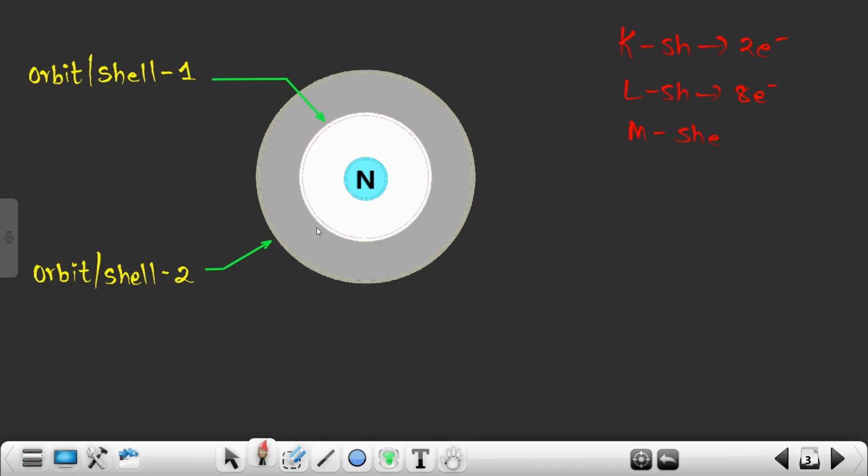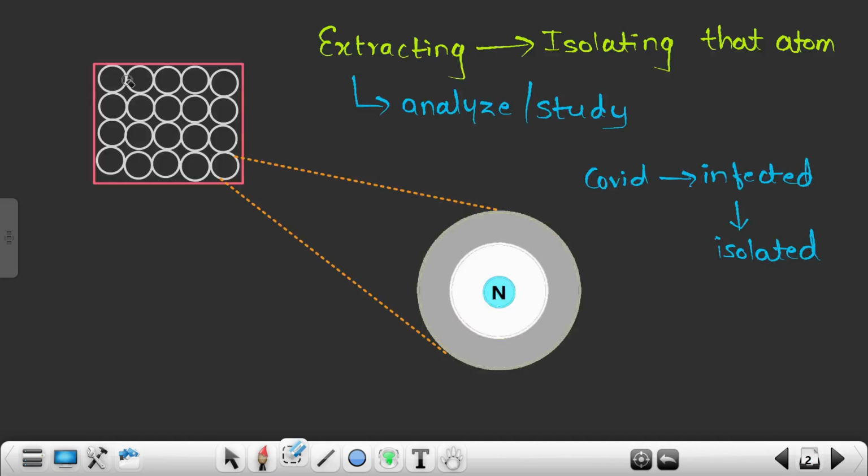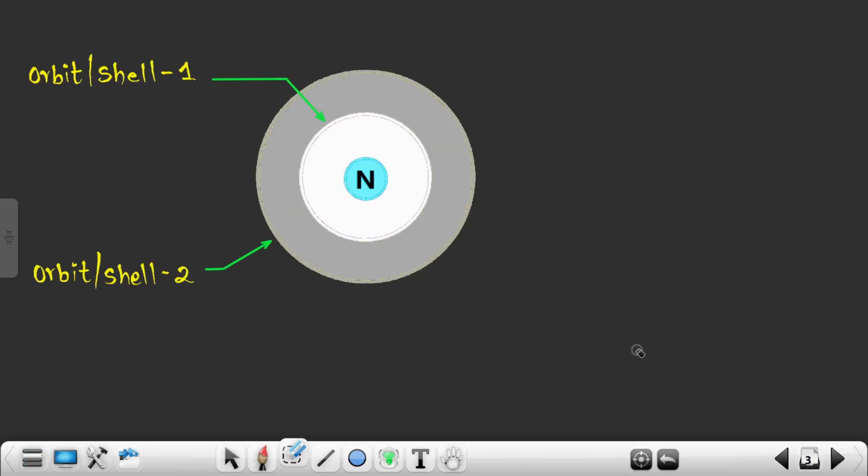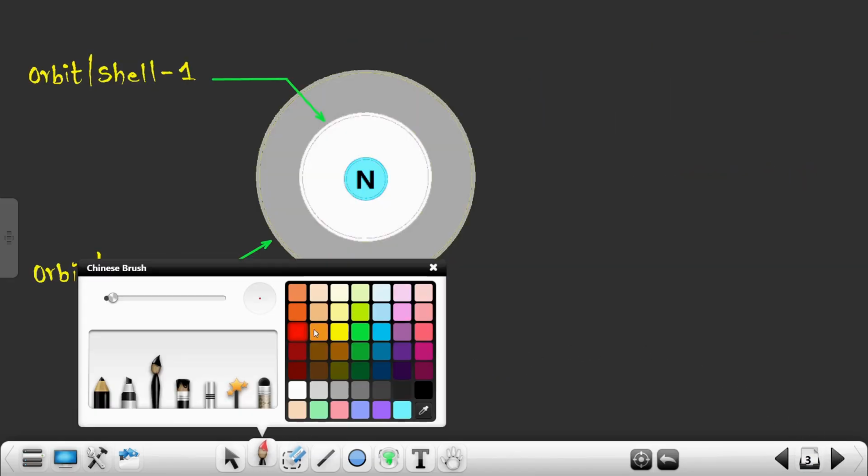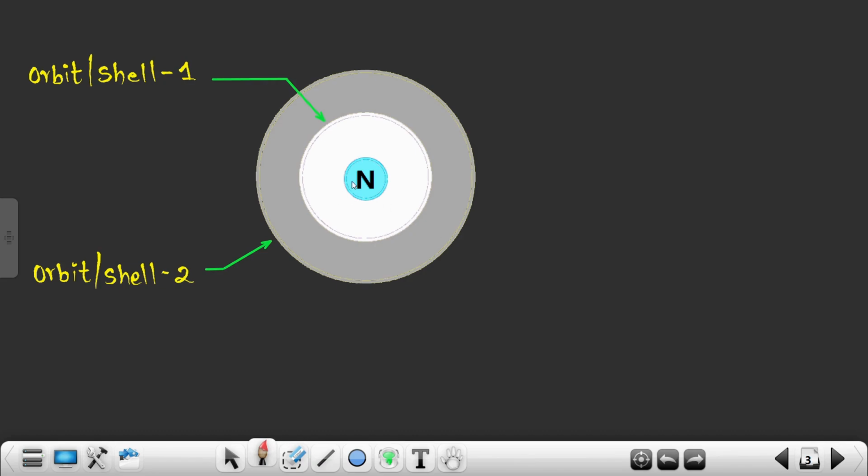Now let's proceed further. As I already mentioned, this is a random material, and obviously this is going to be a random atom. It can be any atom, that is not a big concern for us. So let's assume for the time being that both of these shells have 2 electrons.